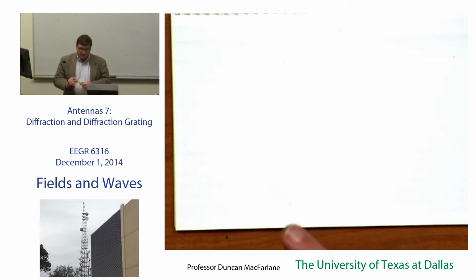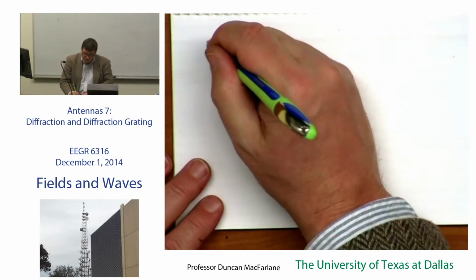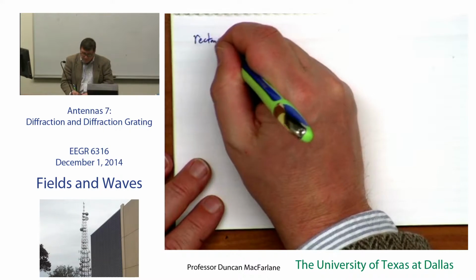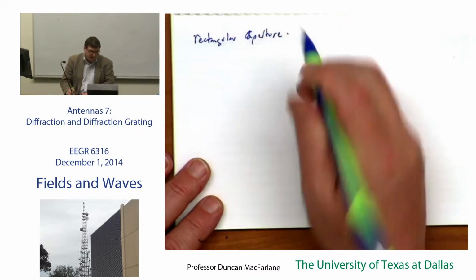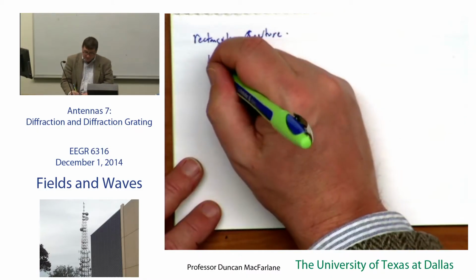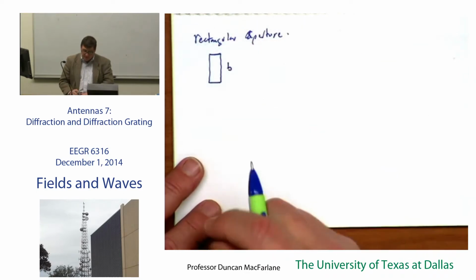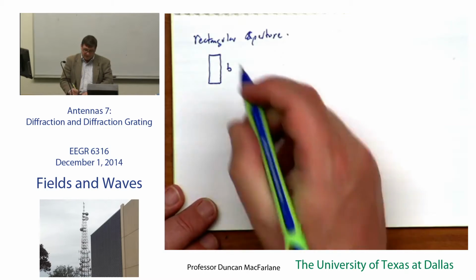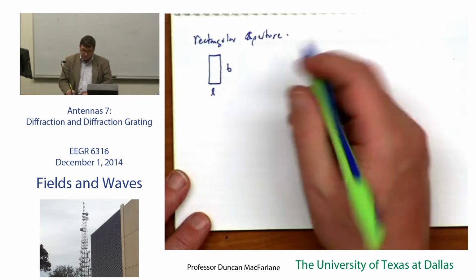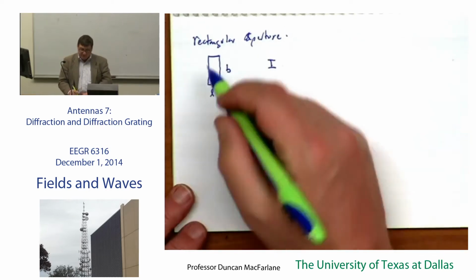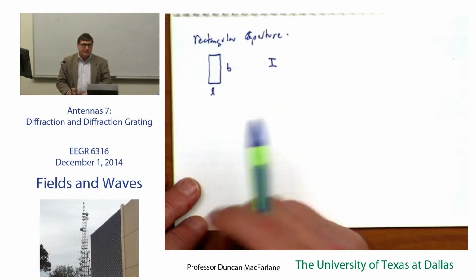simpler things. We don't have infinite slits. We truncate them. And so if I have a rectangular aperture, I'll have the same length B, and I'll have a width L. So now my I, it's nice because this rectangular aperture will be, L is perpendicular to B, so they're independent.